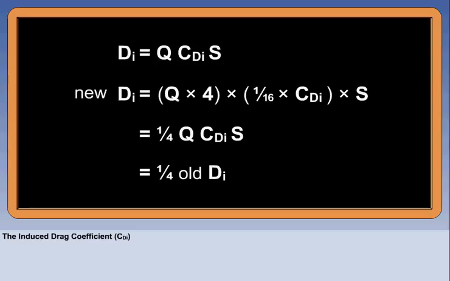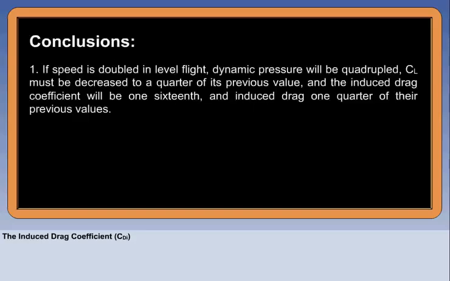If 1/16 of the previous CDI is applied to the induced drag formula, we get induced drag equal to 1/4 of its previous value. The conclusions are that if speed is doubled in level flight, dynamic pressure will be quadrupled, CL must be decreased to 1/4 of its previous value, and the induced drag coefficient will be 1/16, and the induced drag 1/4 of their previous values.